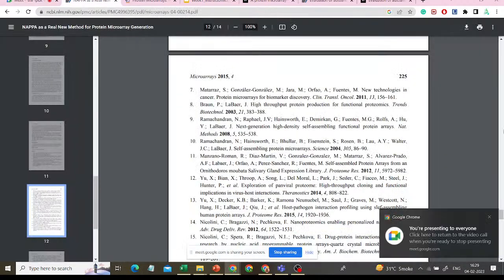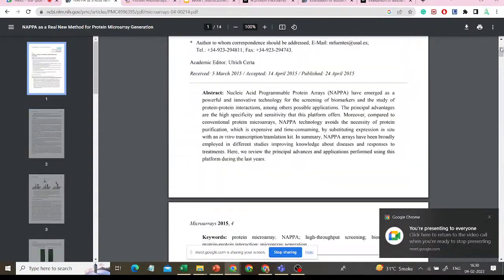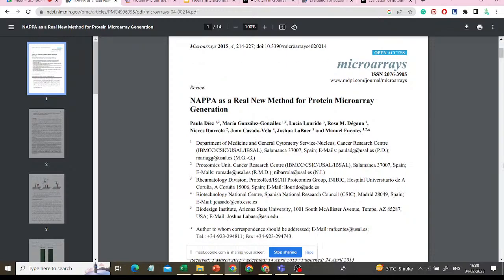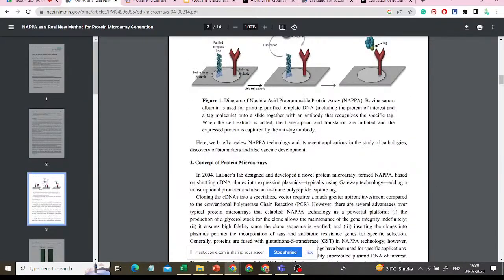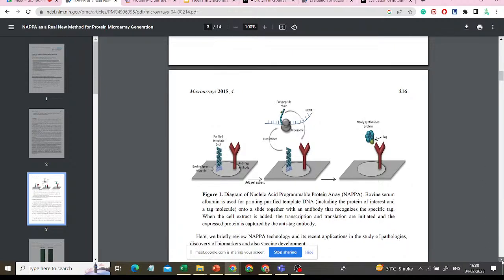Another thing which I think will help you in subsequent things also. It will help you with the actual thing regarding NAPA, how it has helped, the addition of cell extract with the GST fusion tag, then the mRNA, protein and the capture tag with the antibody, through your coated surfaces.